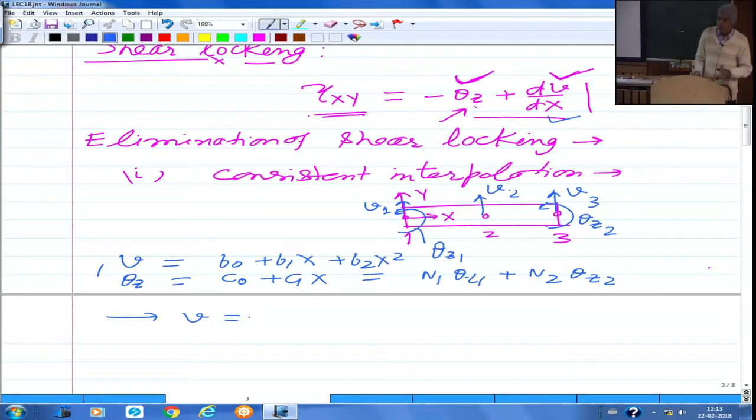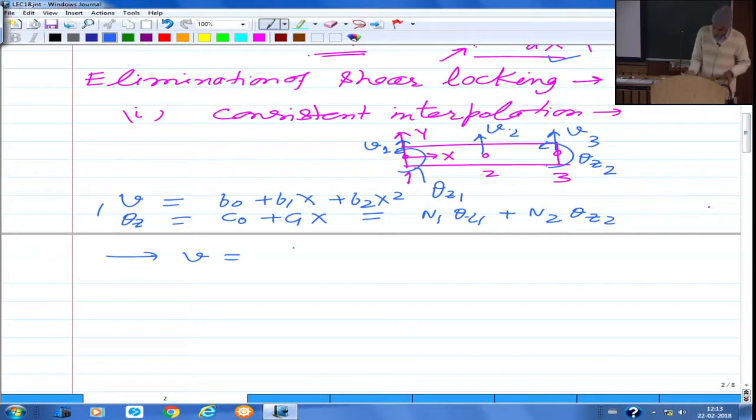If you recall, for the truss problem we derived the shape functions for a quadratic element. It's the same interpolation and same approach: V is V1 at node 1, V2 at node 2, V3 at node 3. Those quadratic shape functions you can refer back to, but since I am using N for this, let me use a different notation here. You can say M1 into V1 plus M2 into V2 plus M3 into V3.